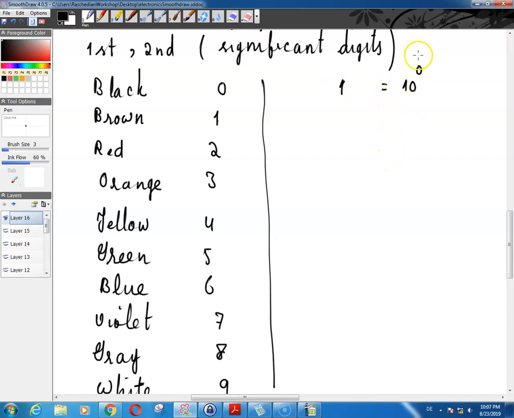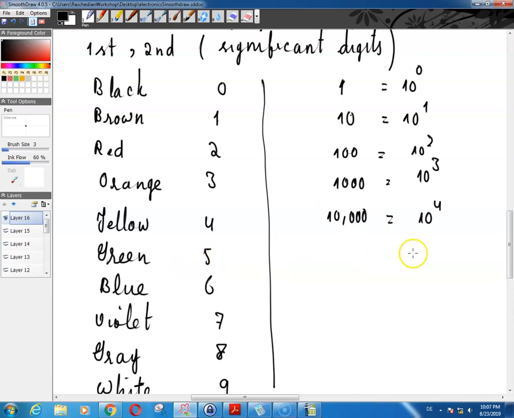Over here you multiply by 10 raised to the power 1, which is 10. Over here, 10 raised to the power 2, which is 100. Over here, 10 cubed, which is 1000. Over here, 10 raised to the power 4, which is 10,000.